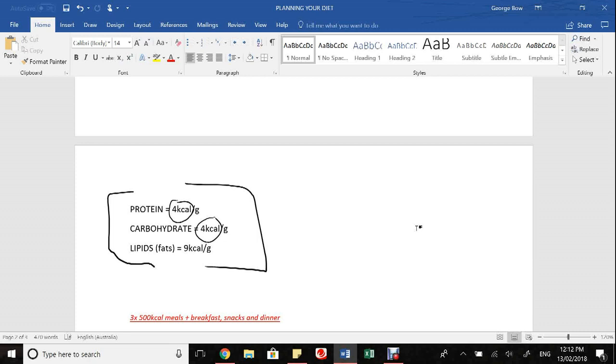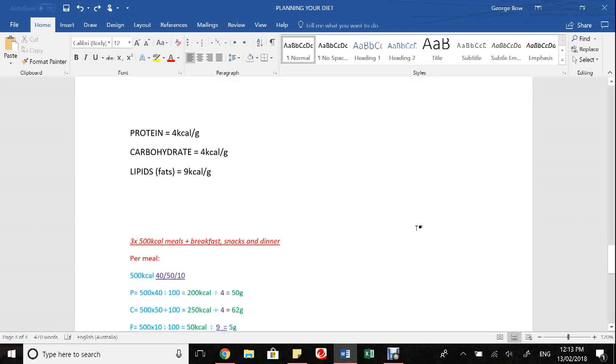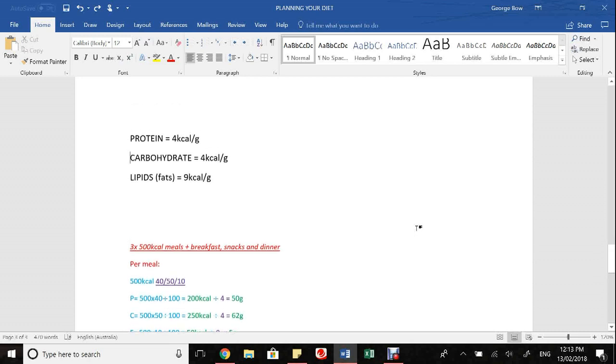So protein, you can see here, is 4 kilocalories per gram. Carbohydrates also have 4 kilocalories per gram, and lipids have 9 kilocalories per gram.